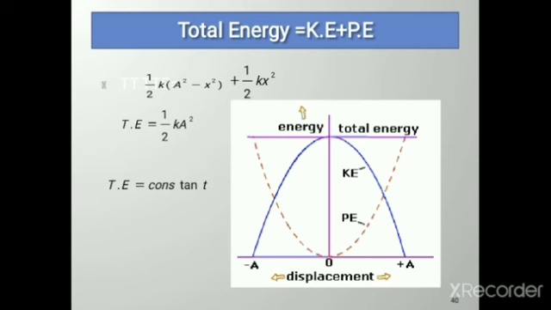Hence, the graph of potential energy is shown by the dotted curve. The graph of kinetic energy is shown by a blue line. We know that kinetic energy is maximum at mean position and it is minimum at extreme position. So you have to plot this graph. 2 marks are allotted for this graph.